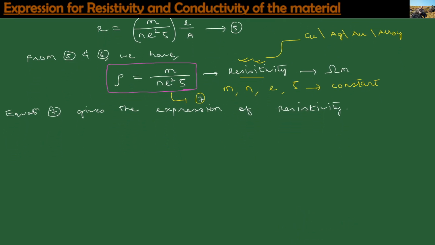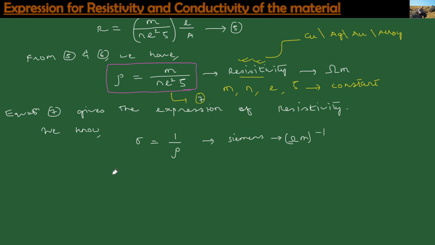We also know that conductivity is another term, which is the reciprocal of resistivity. 1 divided by rho, the reciprocal of the resistivity, is what we define as the conductivity, indicated by sigma. The SI unit of this is Siemens, or we can write ohm meter inverse.